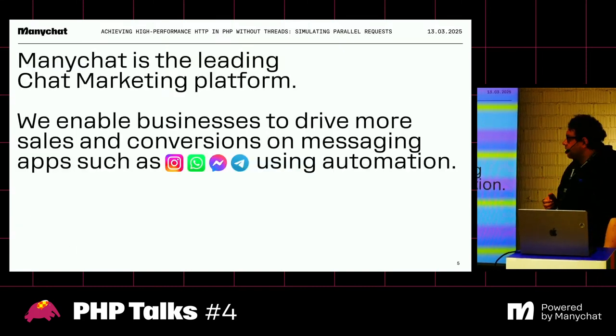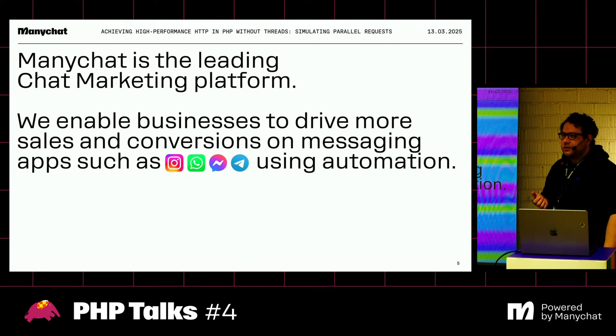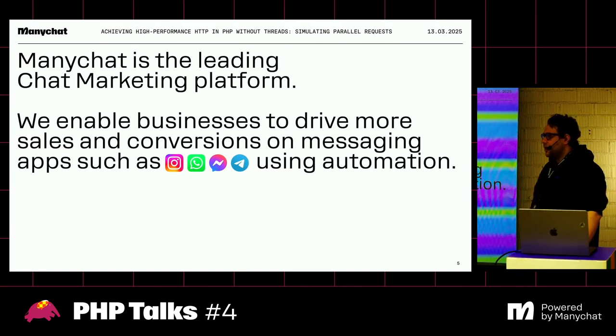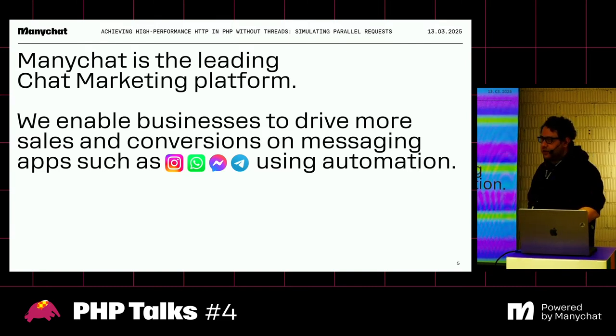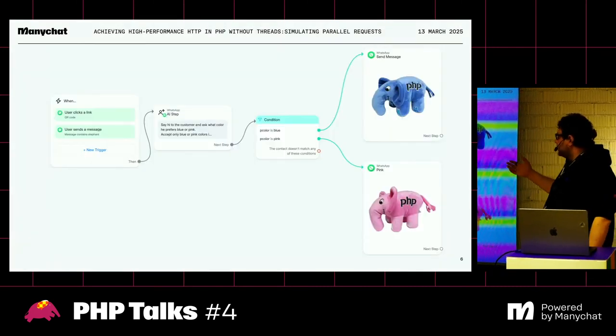So as Anton mentioned, Manychat is a leading chat marketing platform. We help businesses to establish meaningful conversations with their customers using WhatsApp, Instagram, Facebook Messenger, Telegram, and recently TikTok. Here, how this looks.